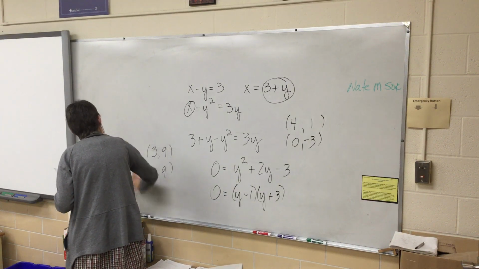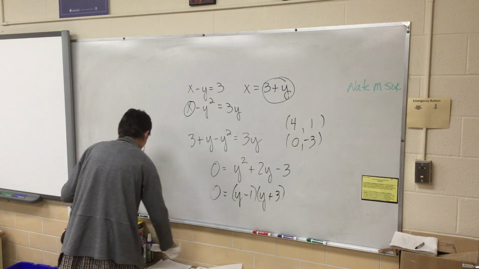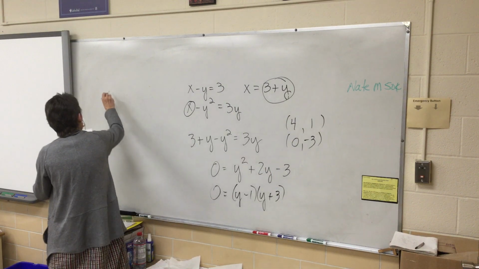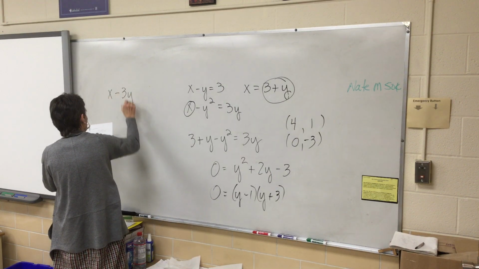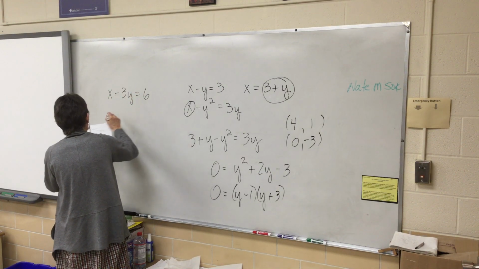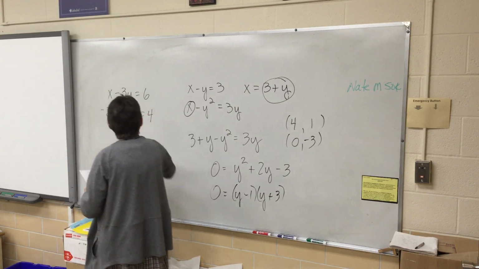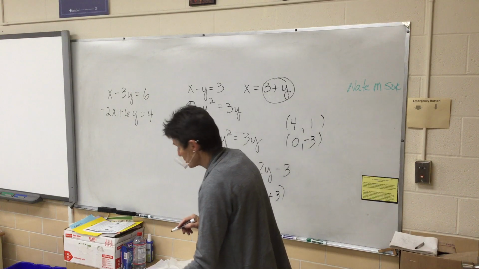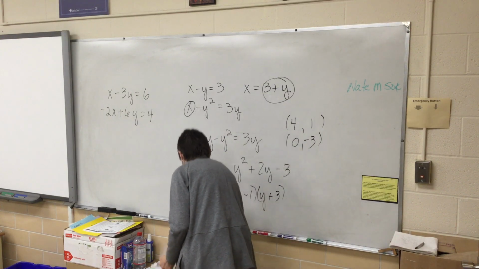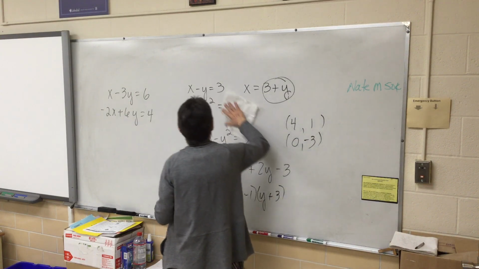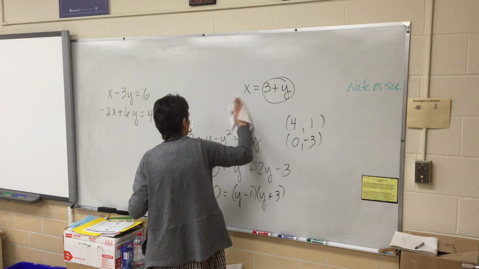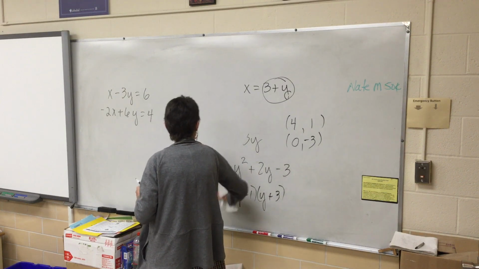Again, we're doing substitution, so force yourself to substitute, even if you wouldn't normally, with this problem. So if we are substituting, what are we going to do first? Add the 3y over here.